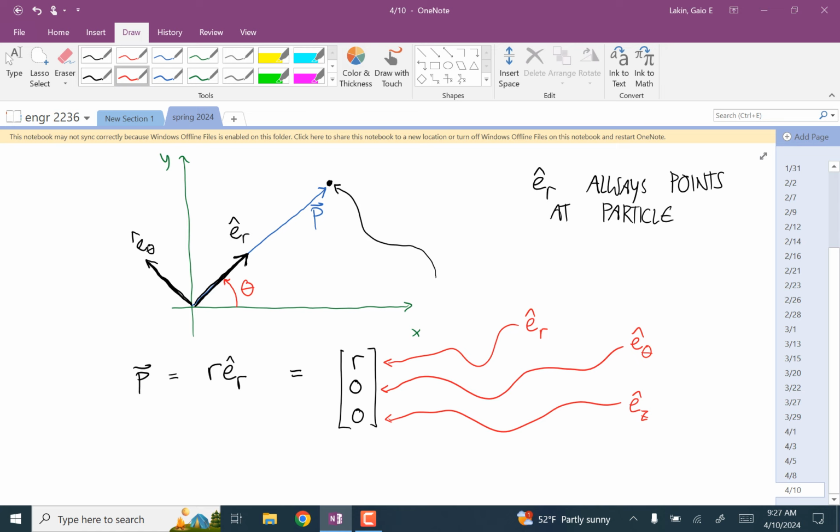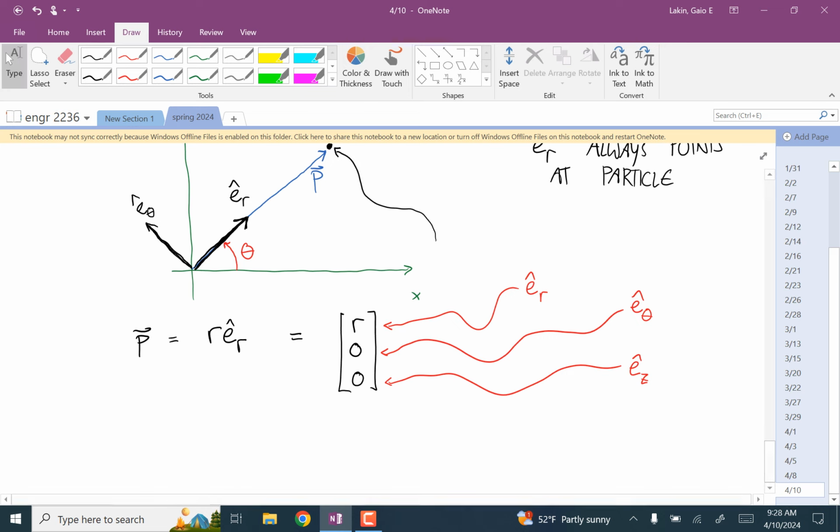The only difference is, I'll show you at the end, in polar coordinates we don't worry about a z component for anything. That's only there for cross products and angular velocity vectors and stuff like that. When we go to cylindrical, that'll just be a z component that's independent of those other two.